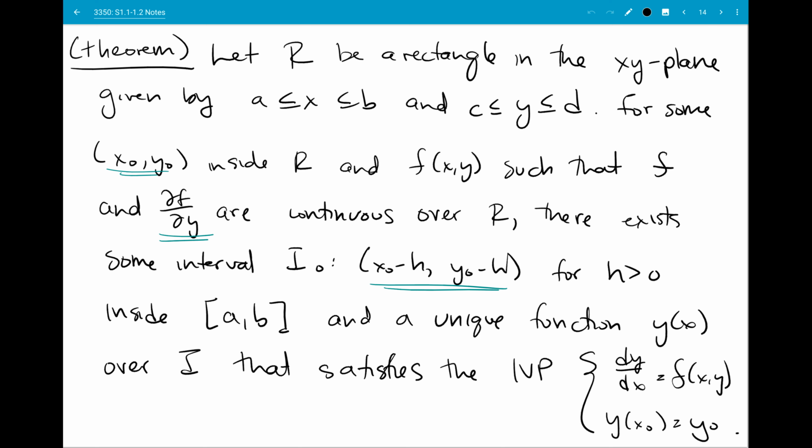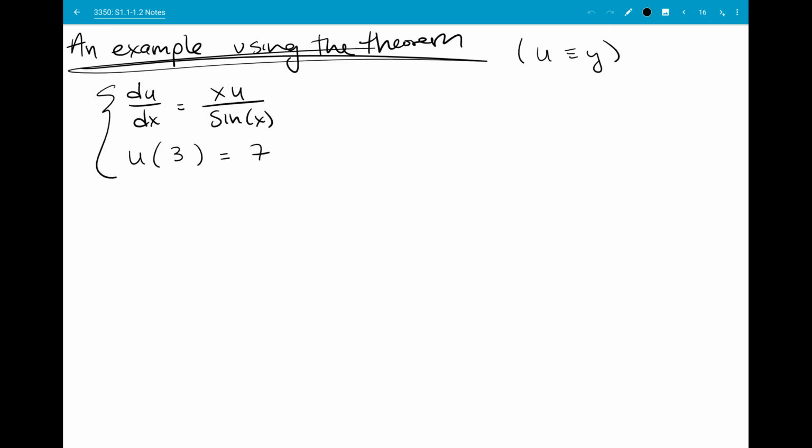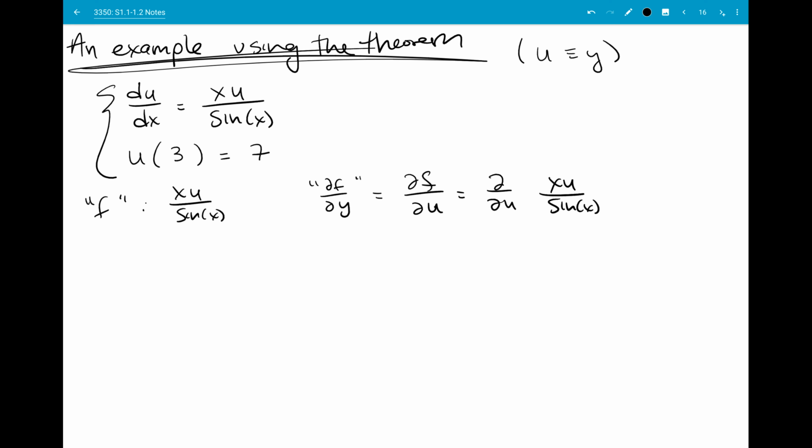So when we had the theorem statement, what I said was going to matter is this df dy and x0, y0. For us, the f is xu over sine of x. And the df dy is actually df du, the derivative with respect to u of x times u over sine of x.